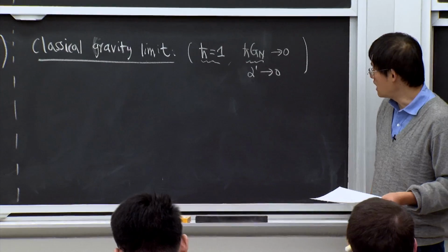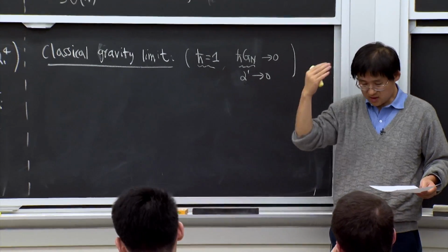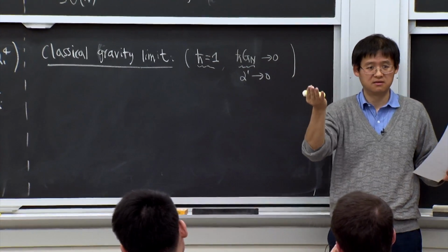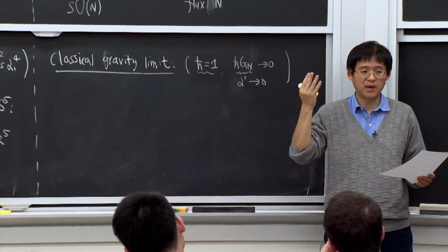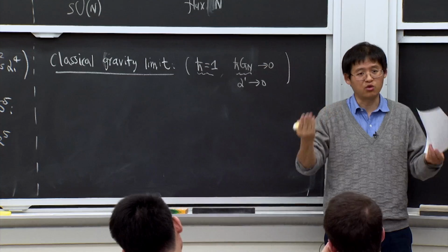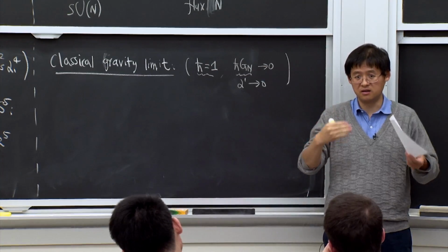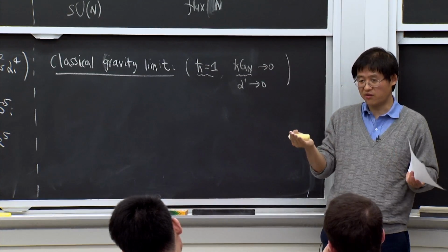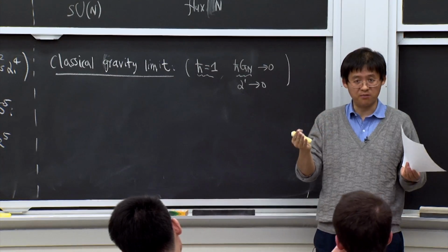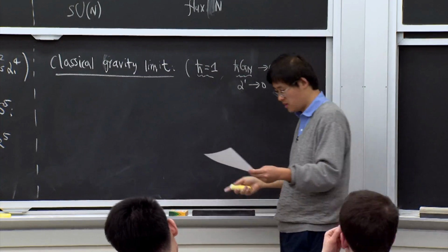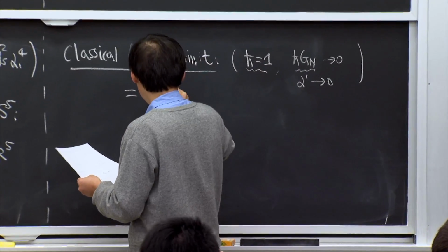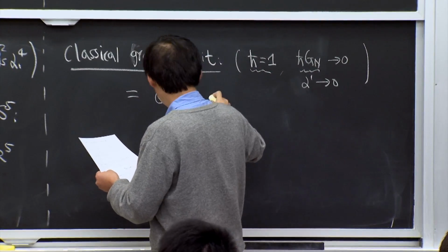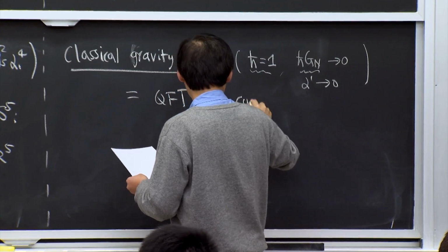The reason I'm emphasizing it is that if you have some matter field in this geometry, then those matter fields should be treated as fully quantum. We just don't treat the gravity as quantum, but those matter fields should be treated as quantum. So the classical gravity limit is the same as QFT, quantum field theory in curved space-time.